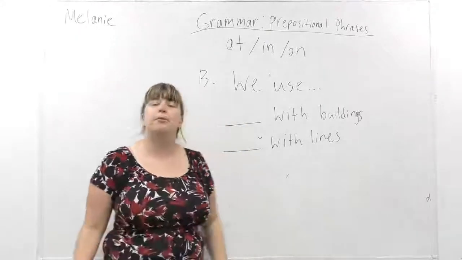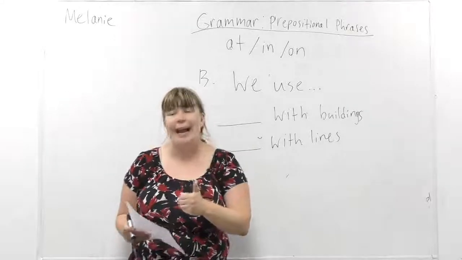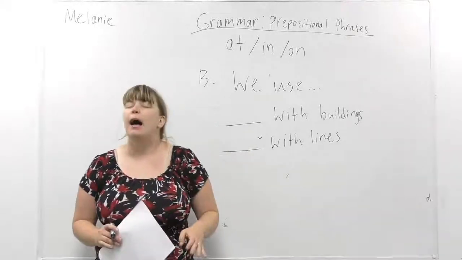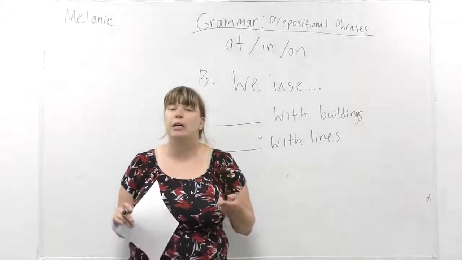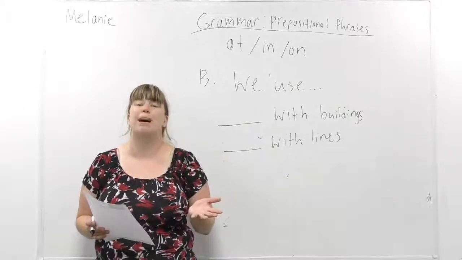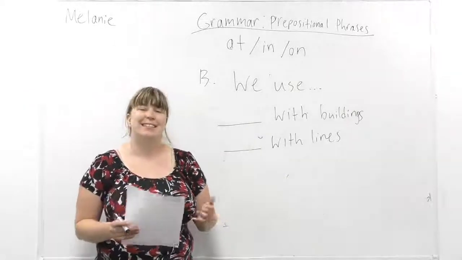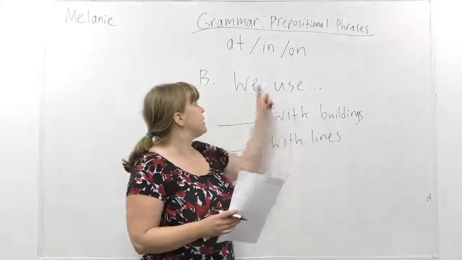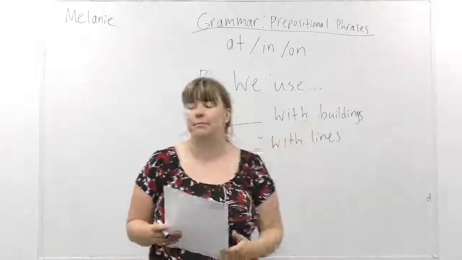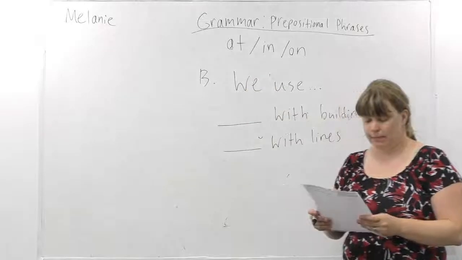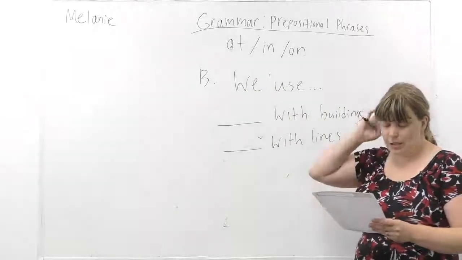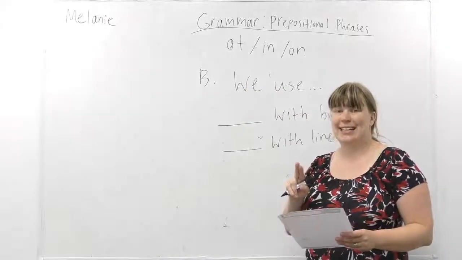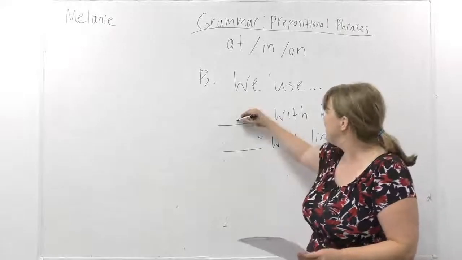so let's say, for example, you're texting your friend, hey, what time do you want to meet? Let's meet at 2 o'clock, the Starbucks. So what do you think are we going to use? At, in, or on? Okay. So the answer is yes, at. Very good.